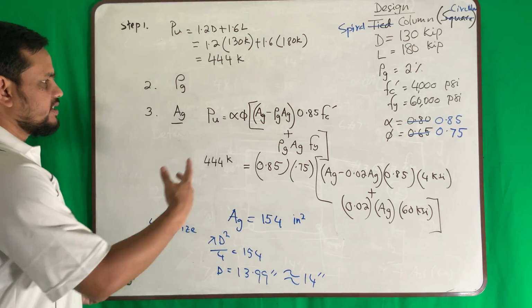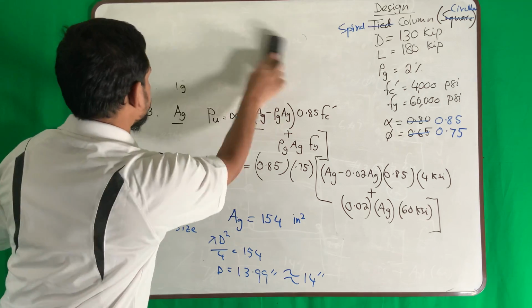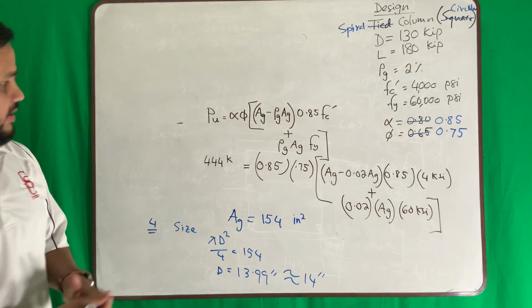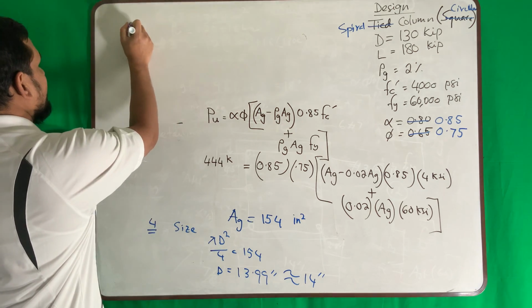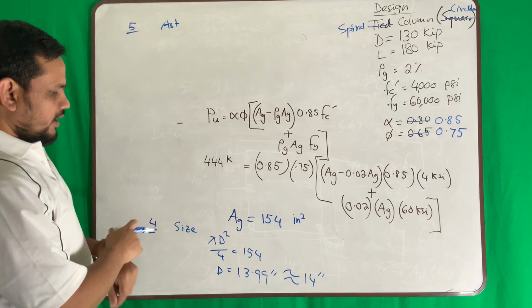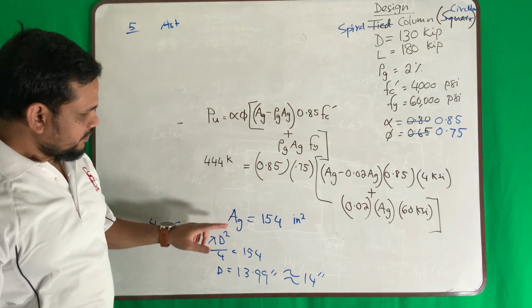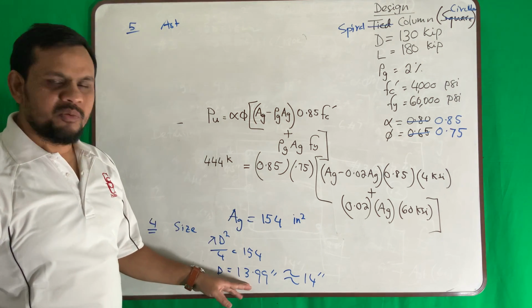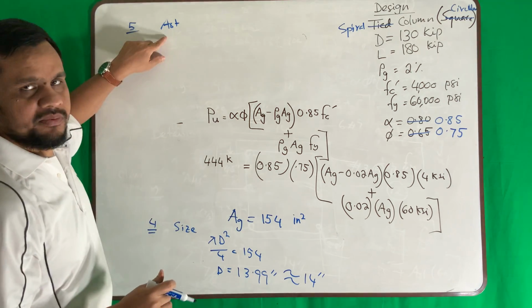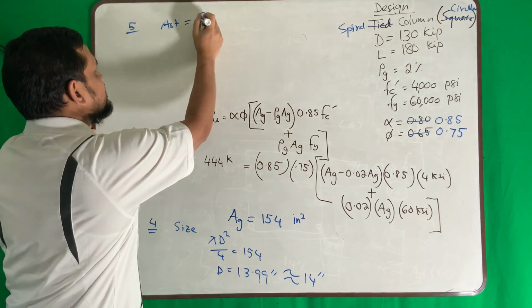So in my next step, we will revise our reinforcement. Okay, still though, keep it. Step number 5, calculate AST. Now, something to see. If whatever needed and whatever provided is exactly the same, we can skip.